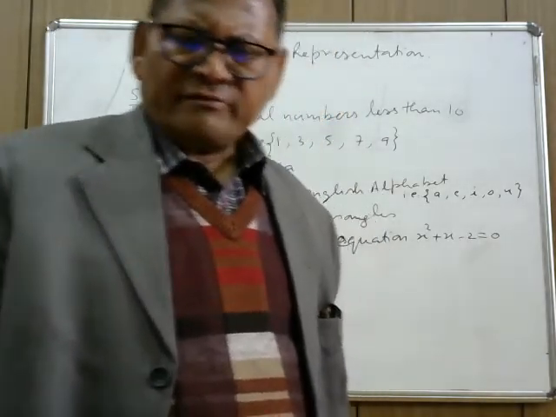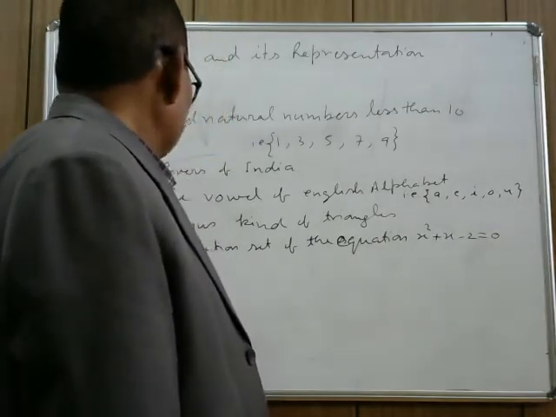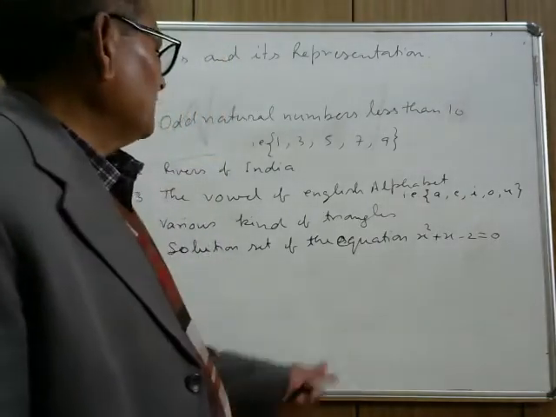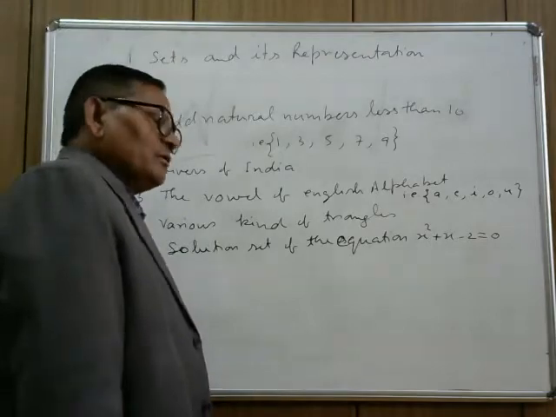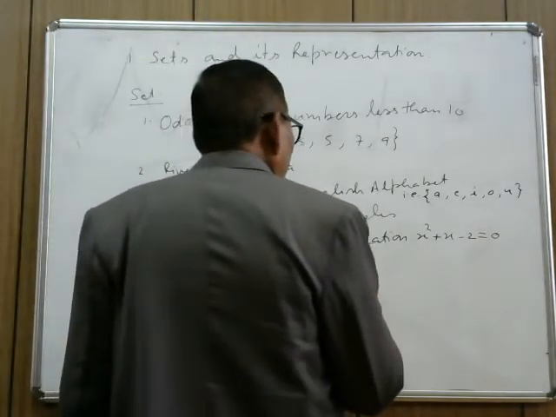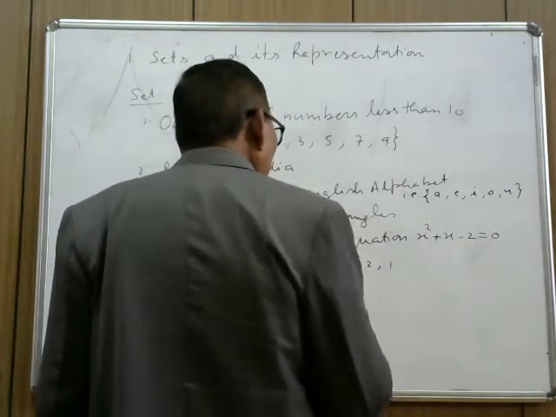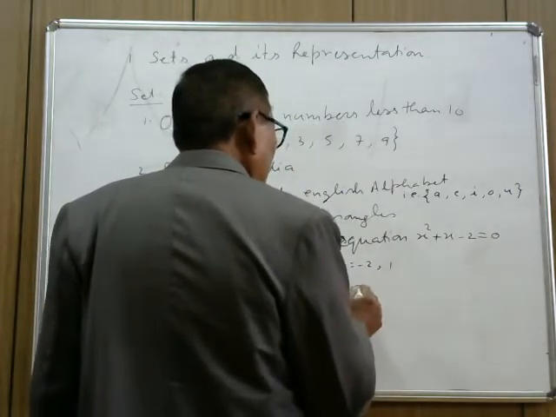The collection of various kinds of triangles is also a collection. Solution set of the equation x square plus x minus 2 equal to 0: first you solve this quadratic equation and find the value of x. Your values of x are minus 2 and 1. And when you write like that, now this is the collection.